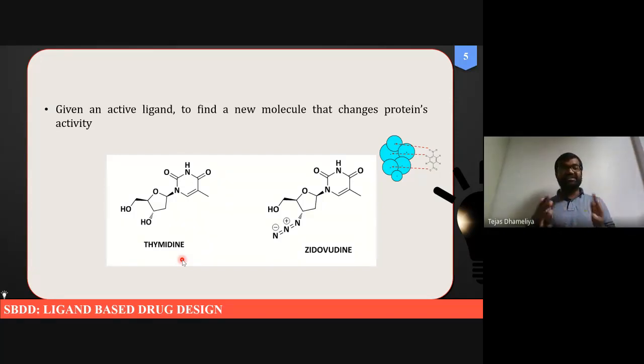Here we are not discussing the mechanism or mode of action of zidovudine, but just by replacing the hydroxyl group with an azide functional group, we derive a potent molecule. Given the structure of a ligand, a new molecule can be predicted to alter the protein's activity. That is what is called ligand-based drug design.